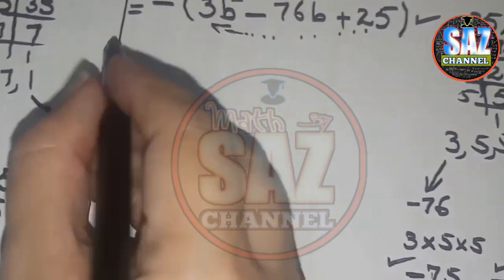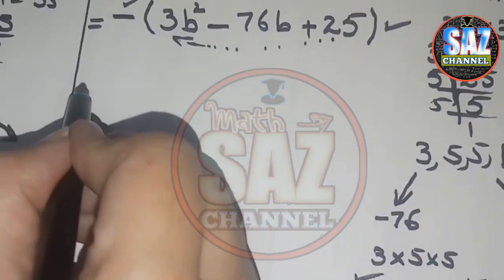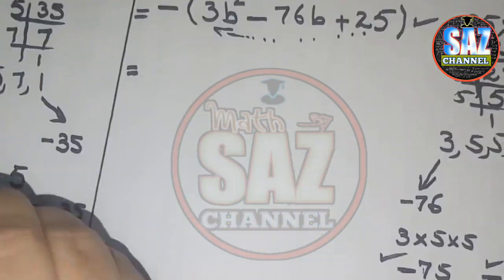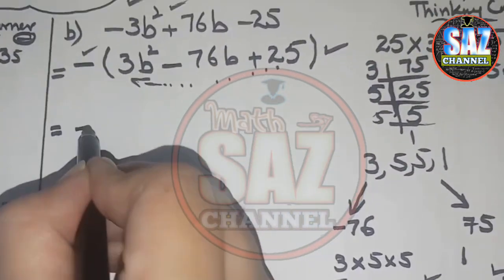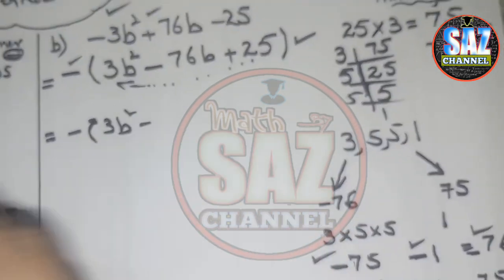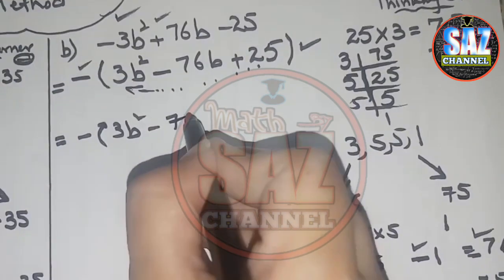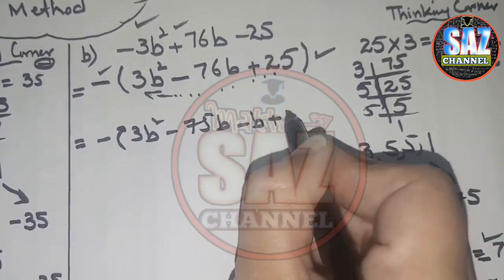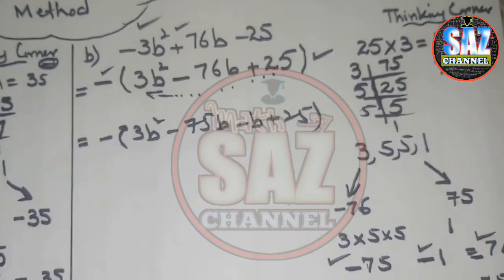Now come back to the question. Minus 3b square minus 75b minus b plus 25.